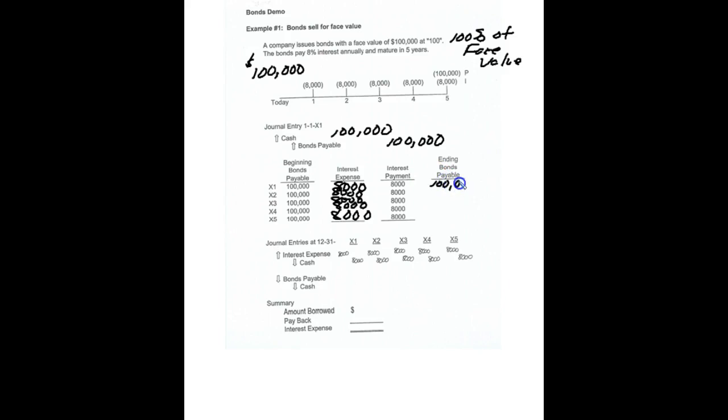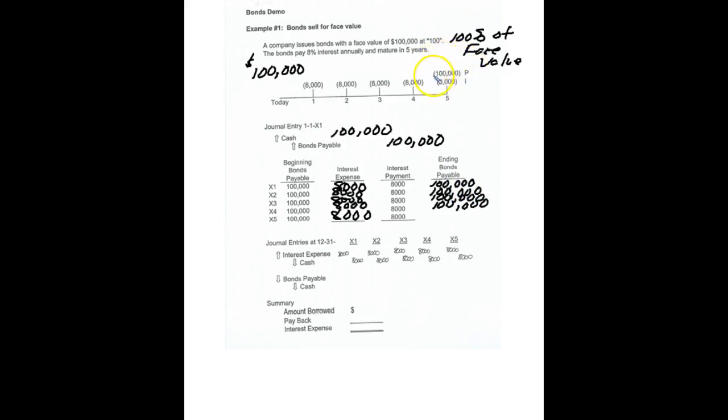So each year, the ending balance for the bond is going to be $100,000. So we pay interest, so we don't owe interest, right? Unlike the note we saw earlier, we will not have interest payable because we make payment on interest each year. Now, so at the end of the first four years, we'll have $100,000.